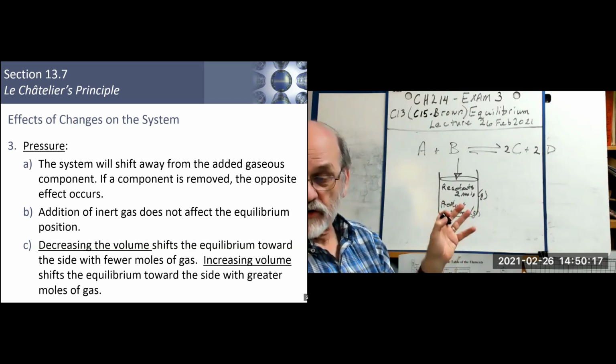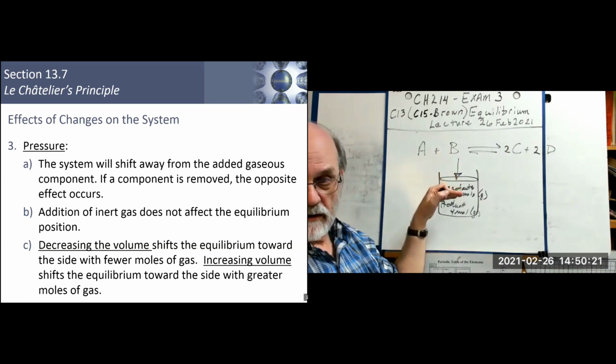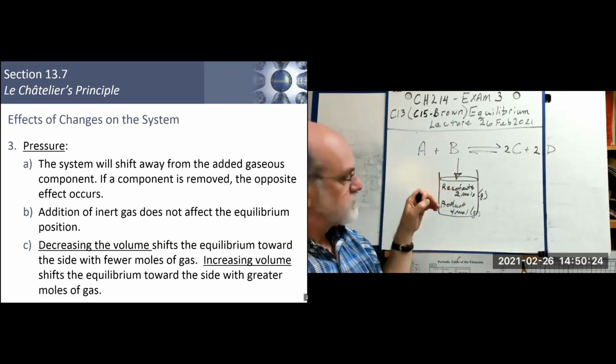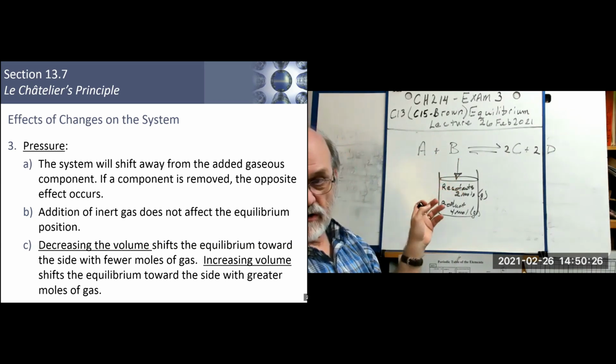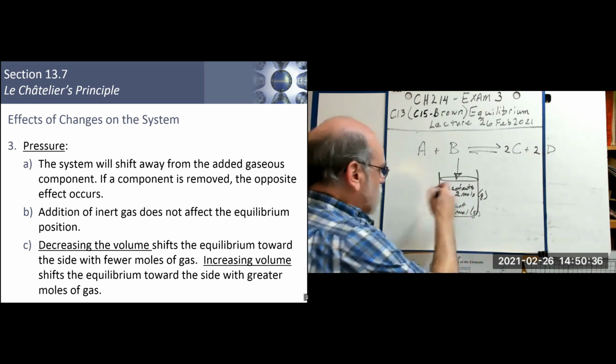Well, remember, pressure and volume are inversely related. So if you decrease the volume, in order to alleviate that pressure, you've got to decrease the pressure too. As the pressure increases, the volume would have to decrease, right?